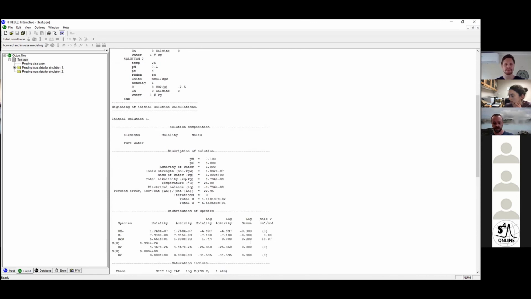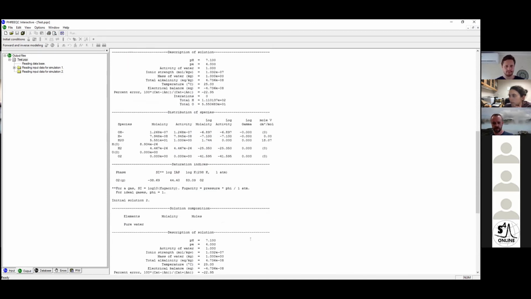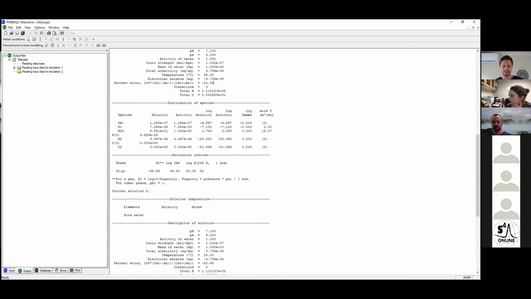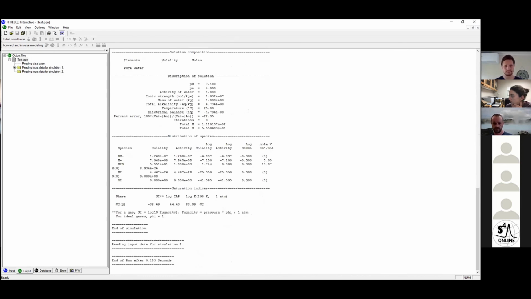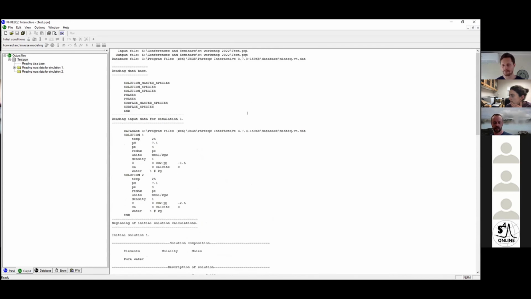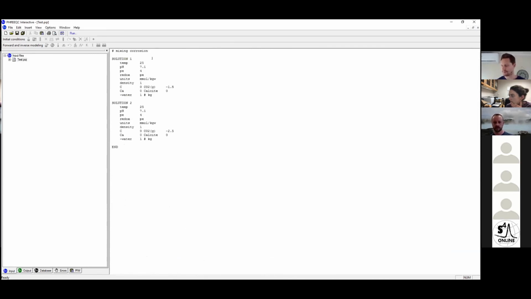Well, the initial assemblage for this water is actually out of balance. It's not electrically balanced. It's quite strongly out of balance. So minus 22%. So not great, okay? And so we can tell it to get into equilibrium or become electrically balanced so that the calculations are done properly, right?